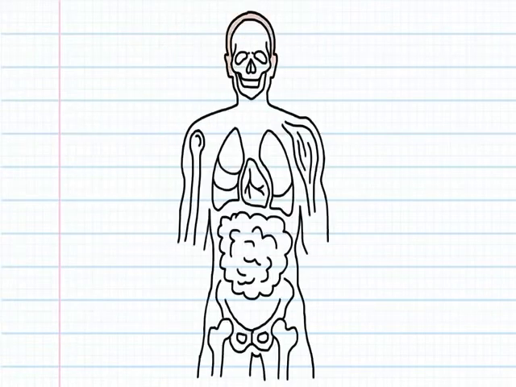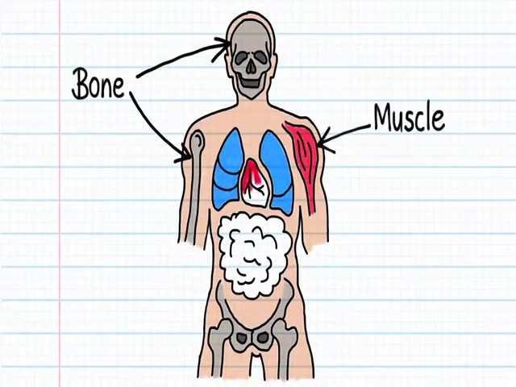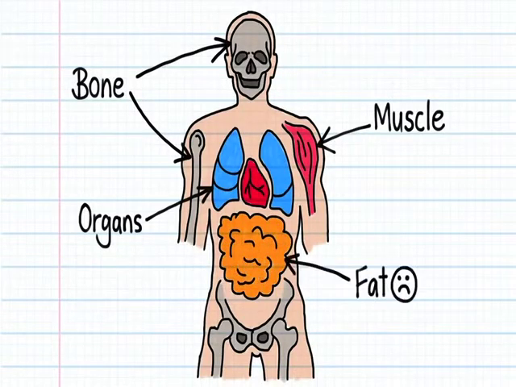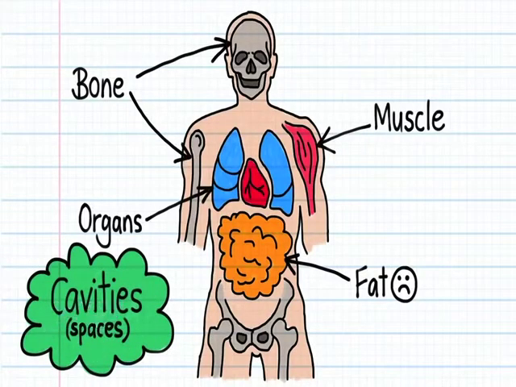If you poke and prod at your abdomen, you might be tempted to think that your body is a solid mass of bone, muscle, organs, and tragically for some of us, fat. But it turns out that our bodies actually contain many important spaces or cavities.